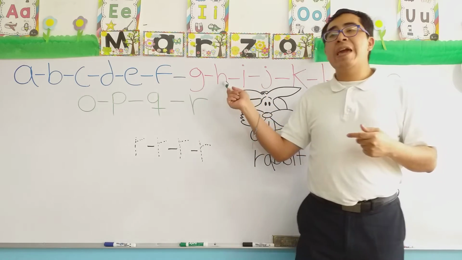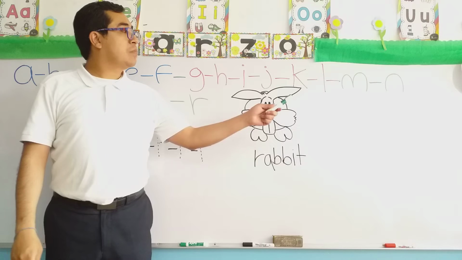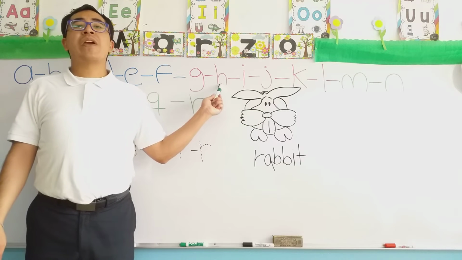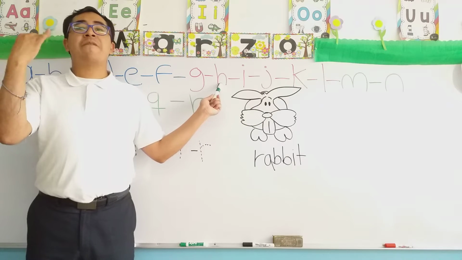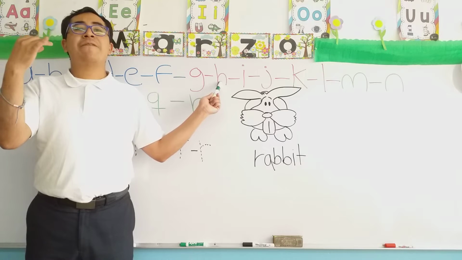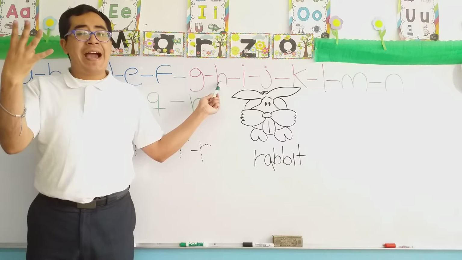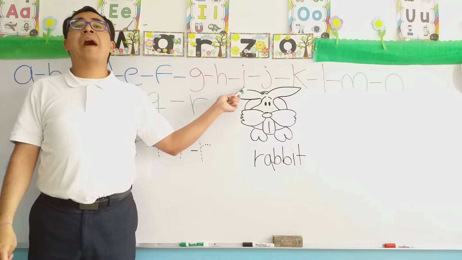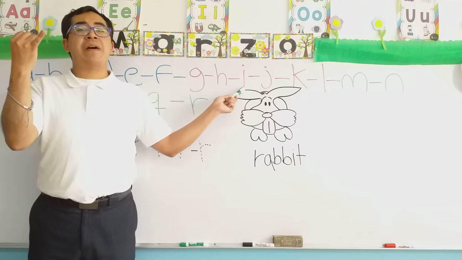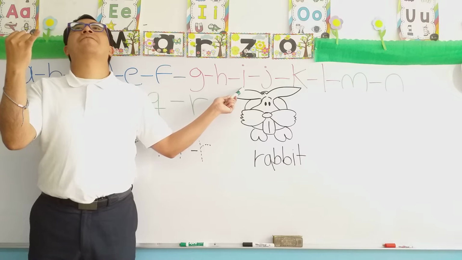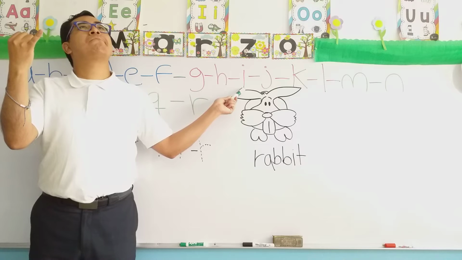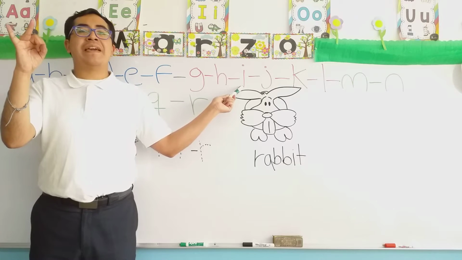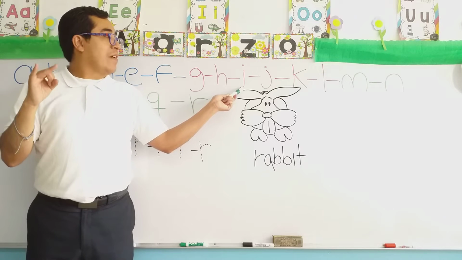For small h right here, we have Hector, we have Hugo, we have Hilda, we have Hannah. For small I, we have Irma, we have Ilse. Okay, very good.